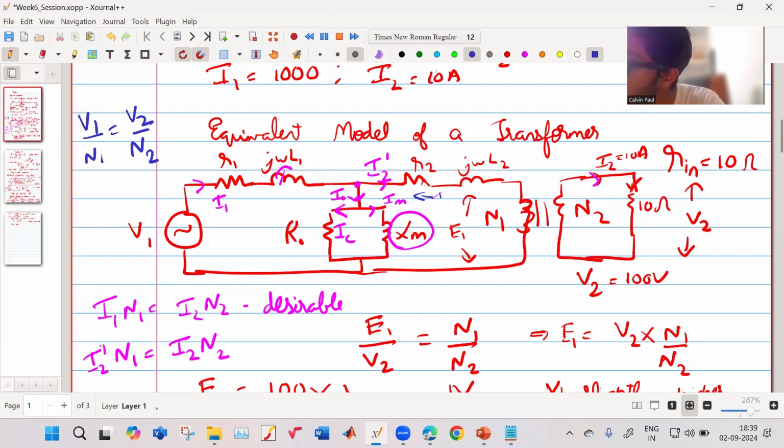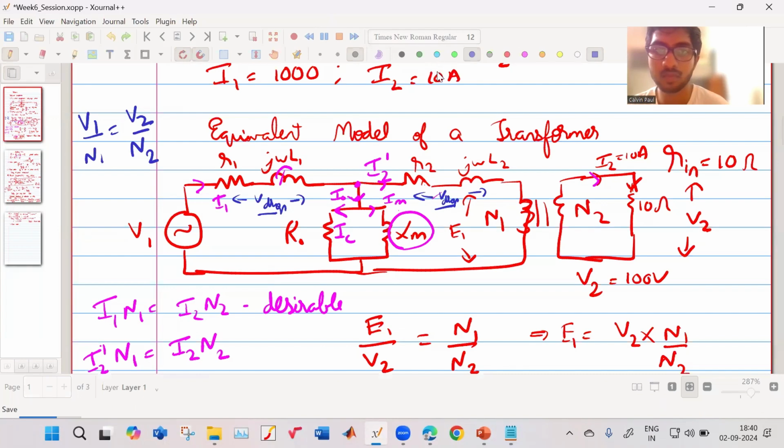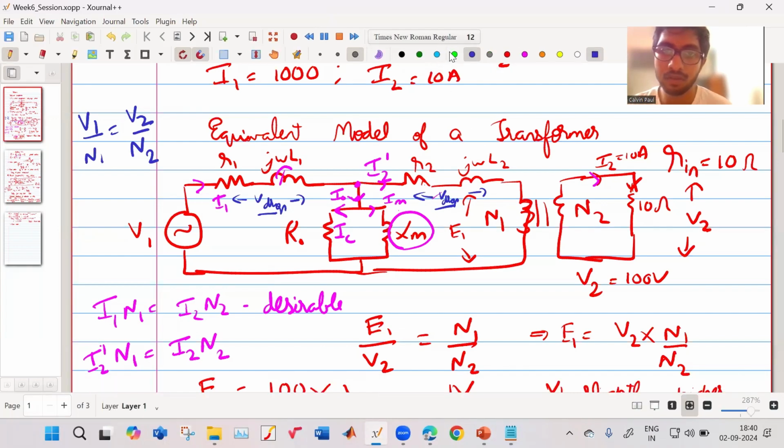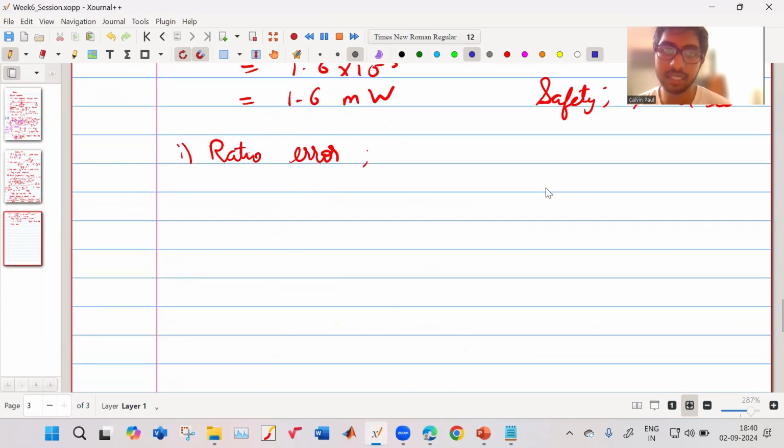Because there are some drops, V drop and another V drop. Because of these drops, some of the applied potential is lost in this part as well as in this part, so V2 is slightly lower than what we want, and that results in the error.